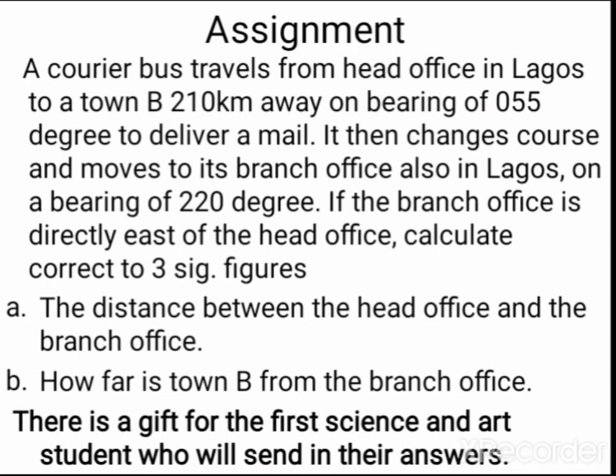It then changes course and moves to its branch office, also in Lagos, on a bearing of 220 degrees. If the branch office is directly east of the head office, calculate, correct to three significant figures: A, the distance between the head office and the branch office; B, how far is town B from the branch office?